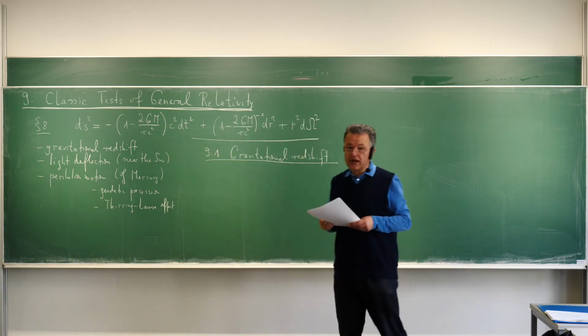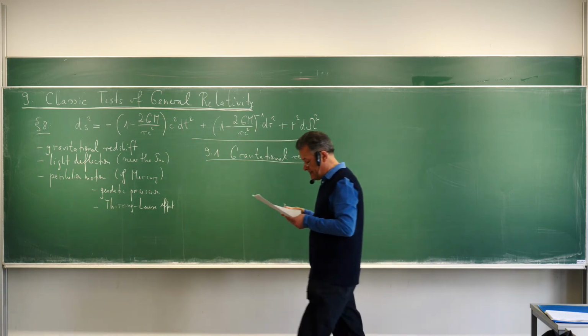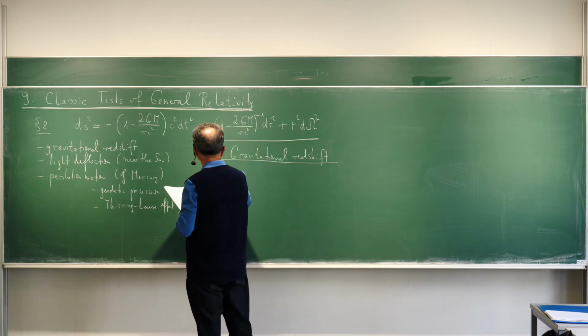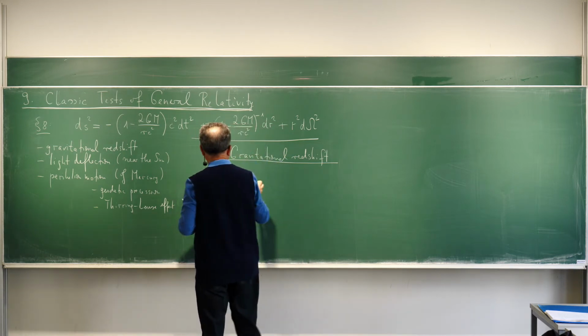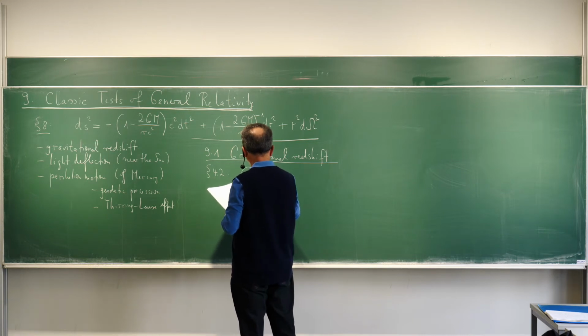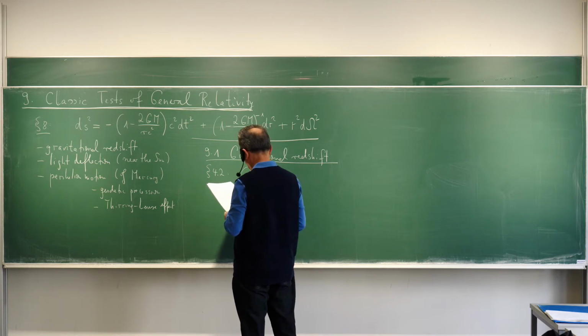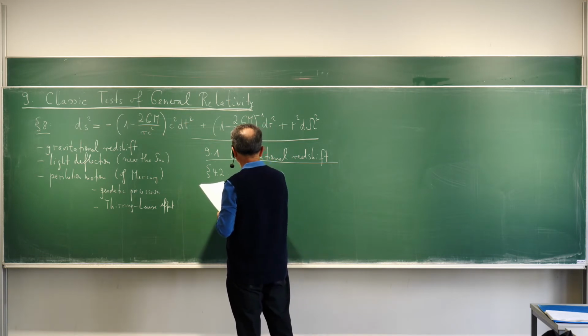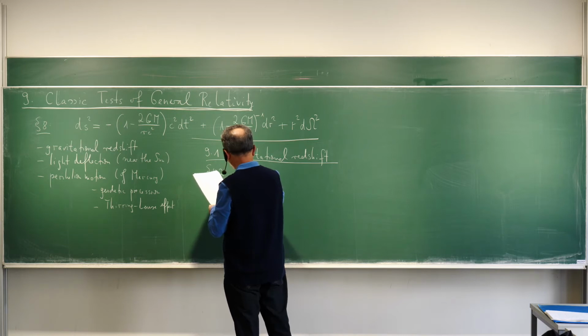So let me briefly recapitulate what we had in section 4.2. There we had this picture of that rocket that accelerates through interstellar space with acceleration g, and we have here an apparatus. So we have here A and B, and we send a photon from A to B, and we have here the height h.